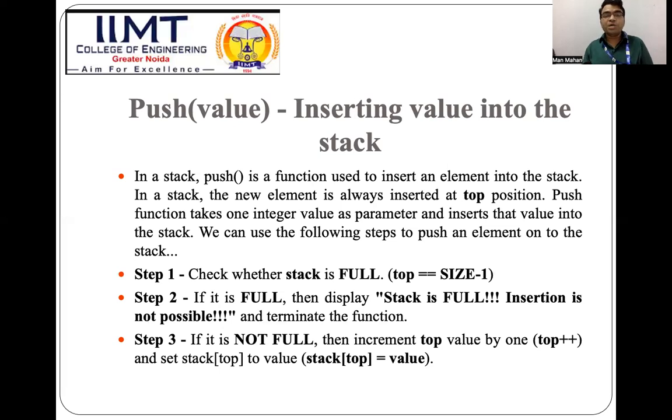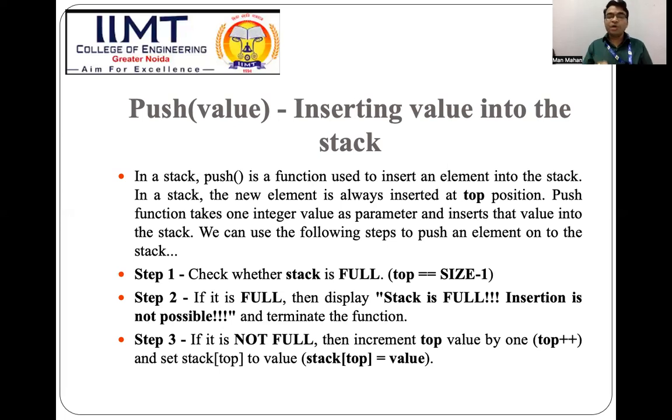How can we check it? We check if the top value is equal to max size -1, then the stack is full, and display a message: stack is full and insertion is not possible. In step 3, if the stack is not full, then we insert the value.